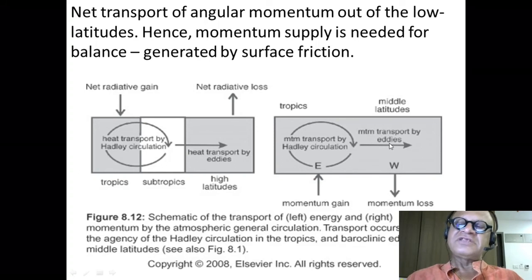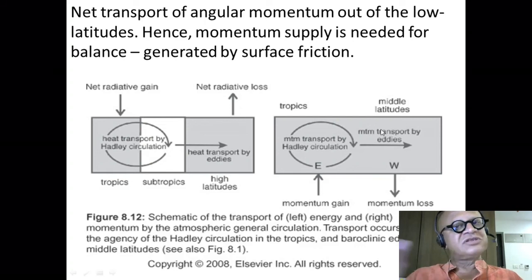There are details here. Just because the heat transport, energy transport is constrained to be northward, doesn't mean eddy momentum transport is also northward. It turns out that angular momentum is not conserved. We already know that the baroclinic instabilities result from that.